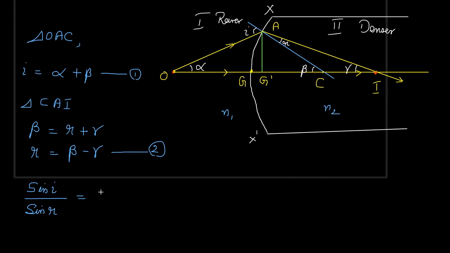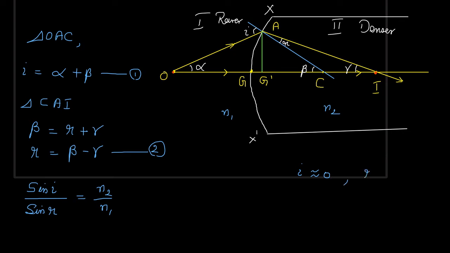So sin I by sin R is equal to N2 by N1. If we take small angle approximation, angle I is very small, nearly equal to 0.